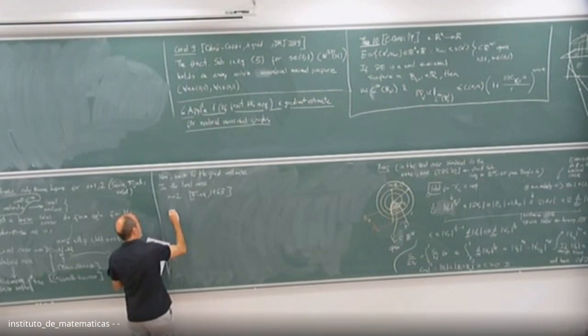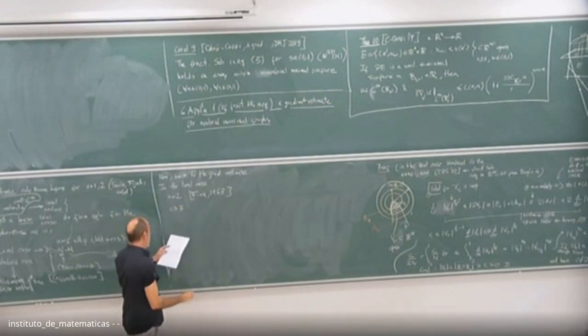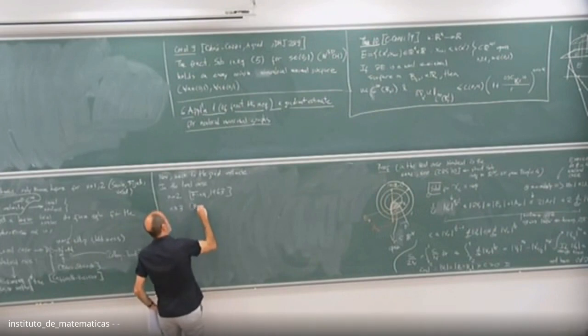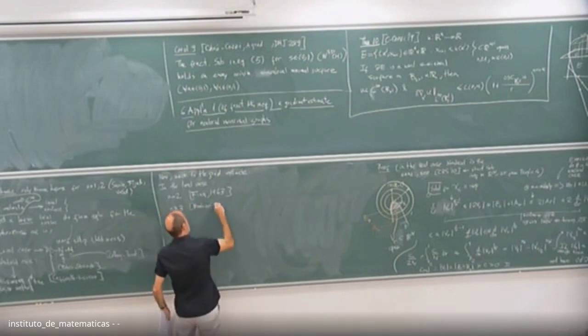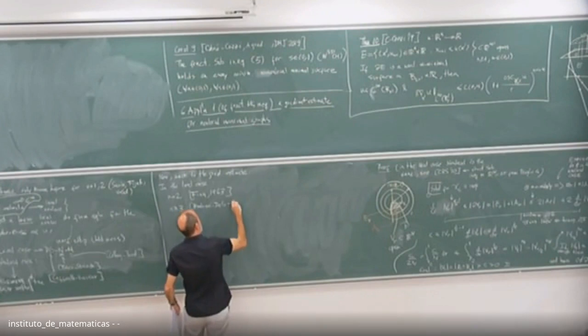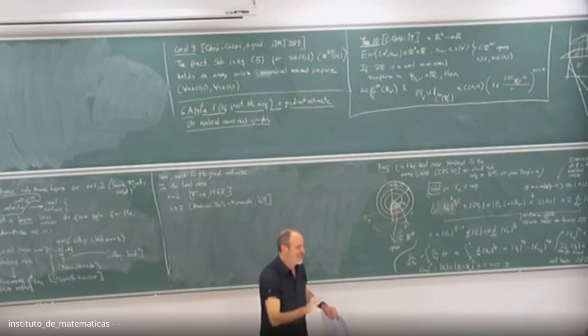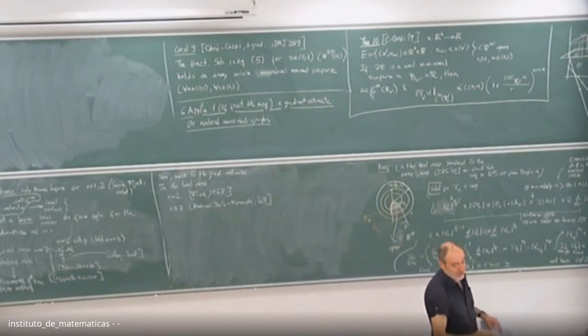And then for n greater or equal than 3, by Bombieri, De Giorgi, and Miranda, in a very good year for minimal surfaces, which is 1969.